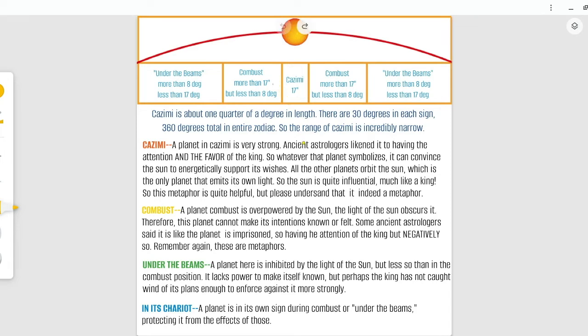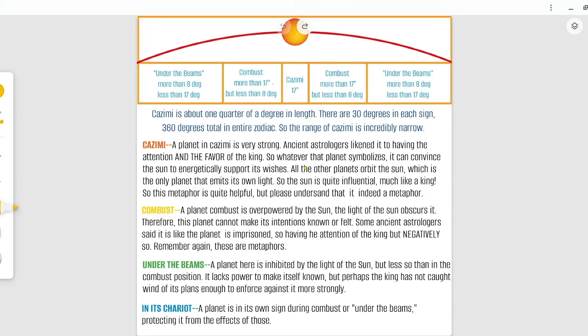And each sign has 30 degrees, which means 360 degrees in the entire zodiac. So if Cazimi is just slightly more than 1/4 of a degree, it's a very narrow space that the planet has to be in order to be Cazimi. But it is an excellent strengthener for the planet.